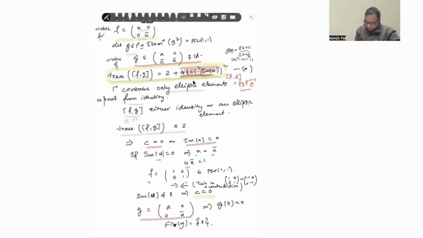Therefore, g(z) is a z by a bar, and so g(0) is equal to 0. So the fixed point of g is just the singleton set {0}. So we have taken g to be an arbitrary element of this gamma, and we have proved that g(0) is equal to 0.